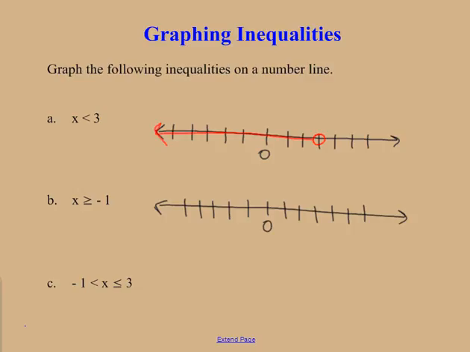So we find -1 on the number line, and since our inequality has the equal to in it, we're going to make a closed circle, or a filled-in circle at -1. This means that -1 is included in the solution set of this graph, and since the inequality reads x is greater than or equal to, all the numbers greater than -1 occur to the right.